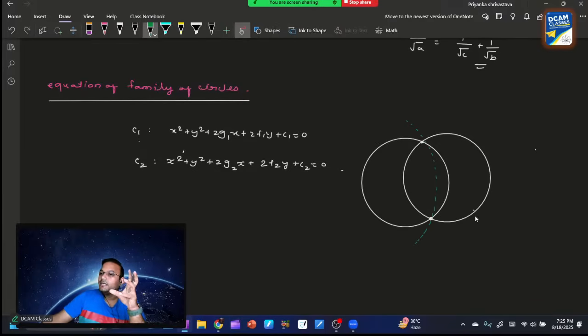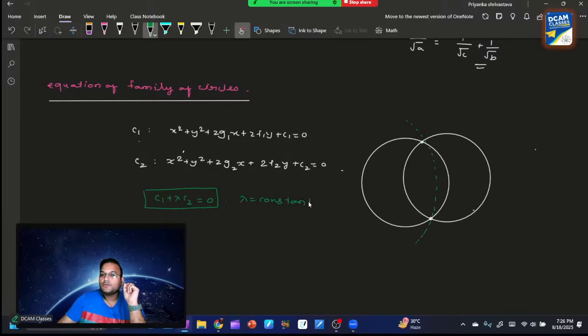There may be an infinite number of circles of different radius. And the concept is, how do you find out the equation of such circles? One is this green one I have drawn: C1 plus lambda C2 is equal to 0, where lambda is a constant.